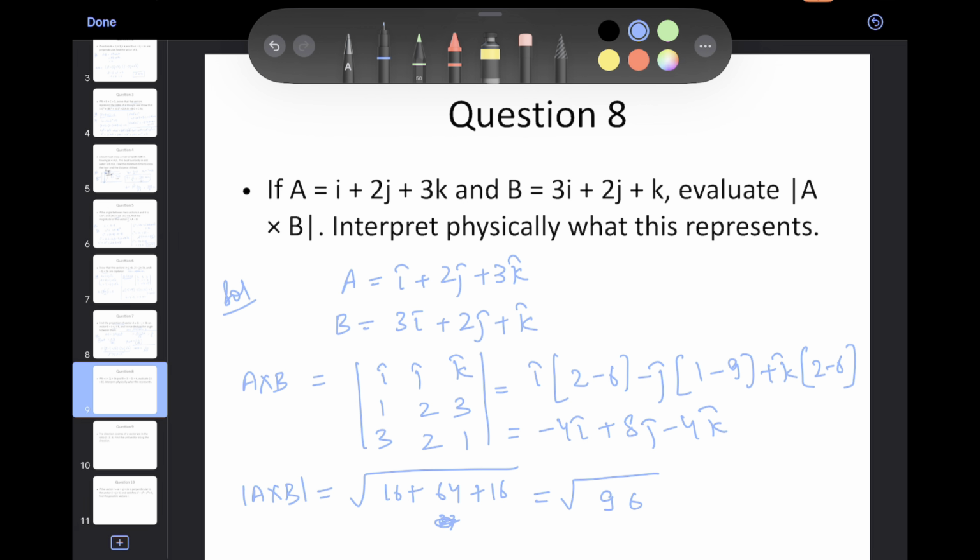And this is basically what? Its physical interpretation is the area of the parallelogram formed by the A and B vectors. Okay, so it is like this.